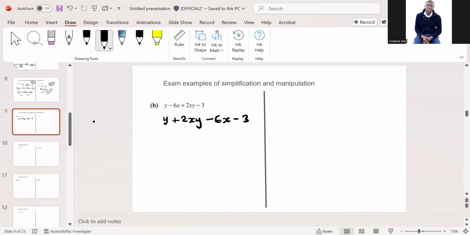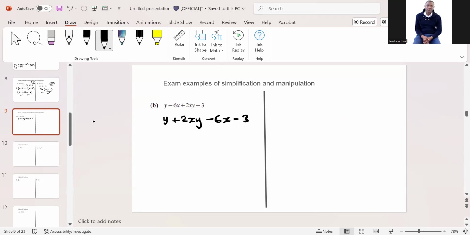But it's very important now, the way I arranged it like this, it will make it difficult for me to factorize, because if I factorize this, I want the same letters to appear in the brackets first. So again, I could still rearrange this and put the 2xy in front.